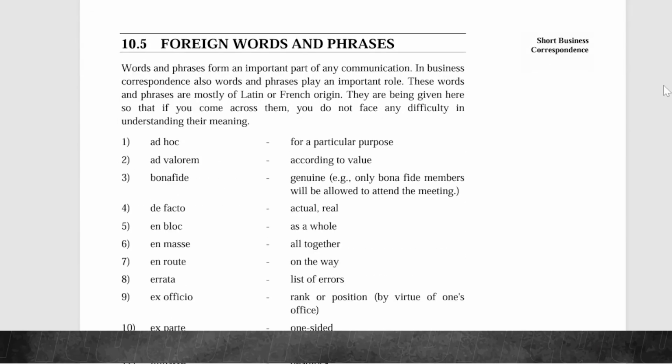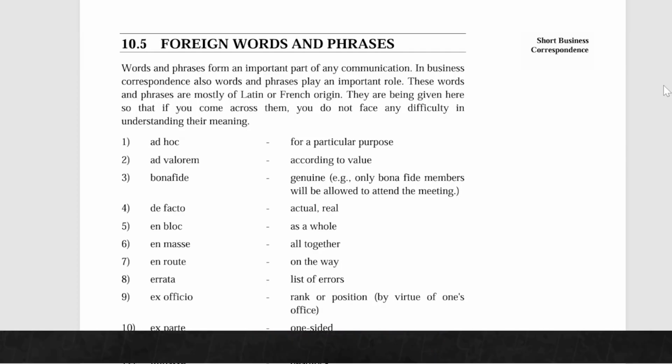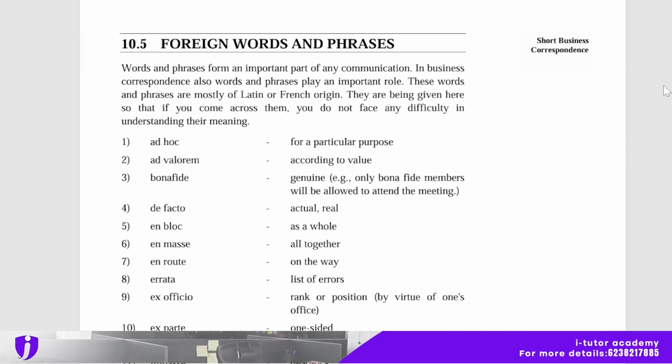Foreign words and phrases are here. Words and phrases form an important part of any communication. In business correspondence also, words and phrases play an important role. These words and phrases are mostly of Latin and French origin, and they are being given here so that if you come across them, you do not face any difficulty in understanding their meaning.